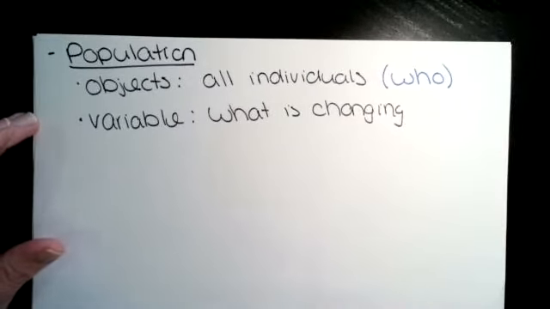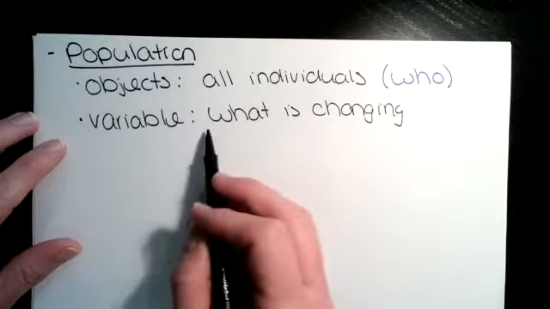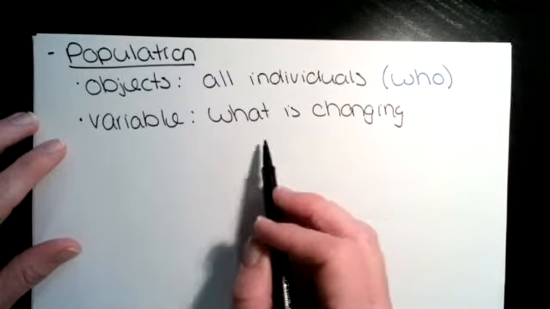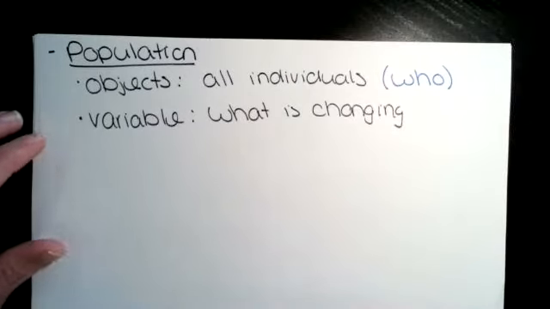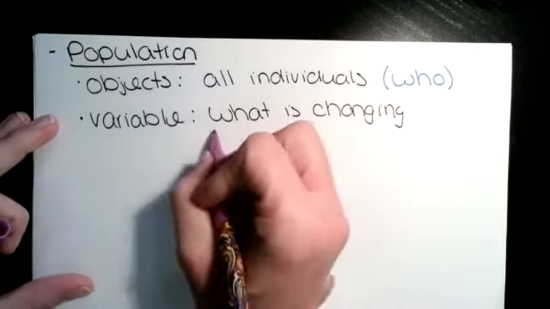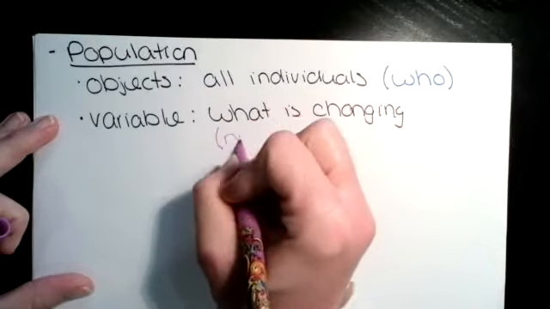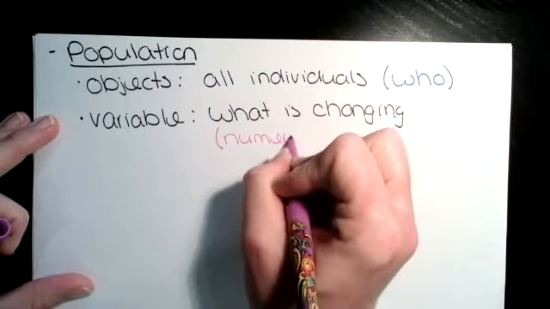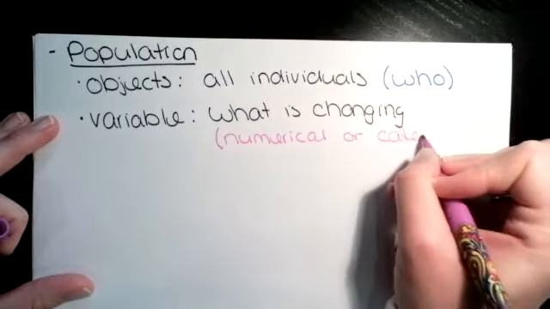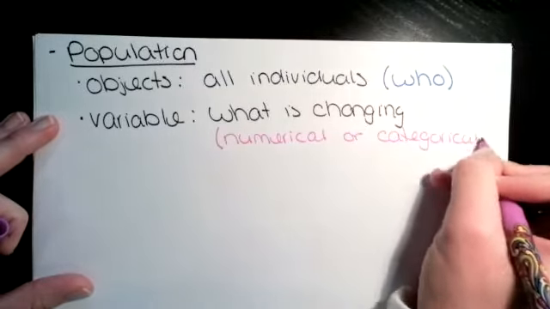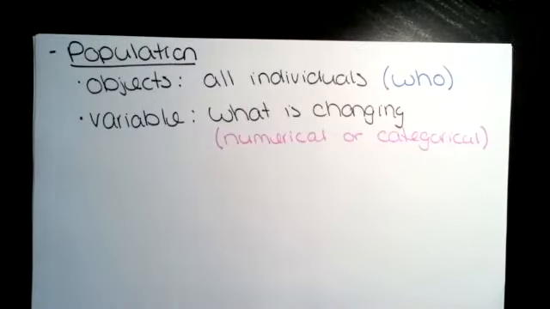That's a yes, no question, right? But that still changes from person to person, how they answer a question. So when we talk about our variable, this is our what. So it's what's changing from person to person. We want to make sure we make a note. Is this numerical or categorical? We want to make a note of that, numerical or categorical.